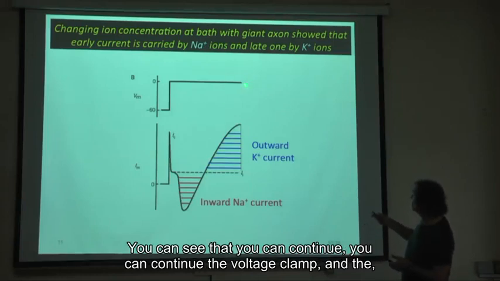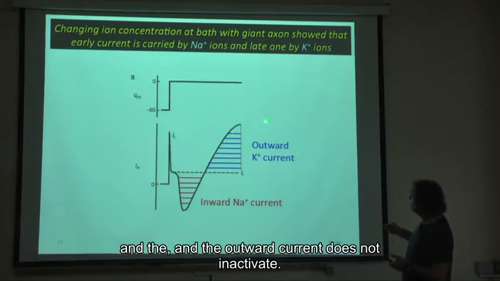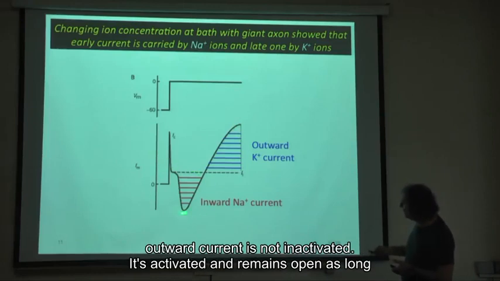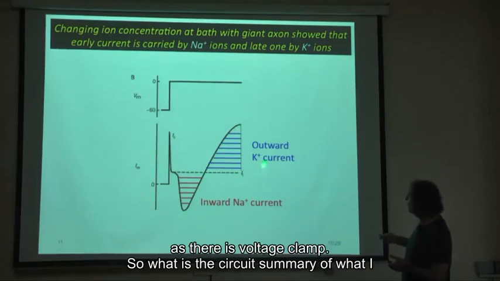You can see that you can continue the voltage clamp and the outward current does not inactivate. The sodium current is activating, inactivating, and this outward current is not inactivated. It's activated and remains open as long as there is voltage clamp.